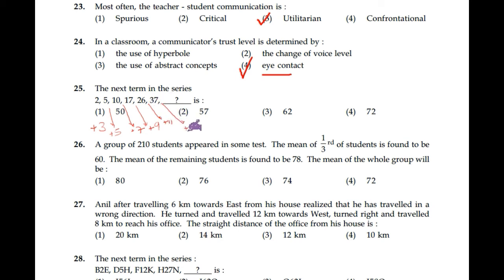So the next term would be plus 13. So 37 plus 13 is 50. So the first one is the correct answer.